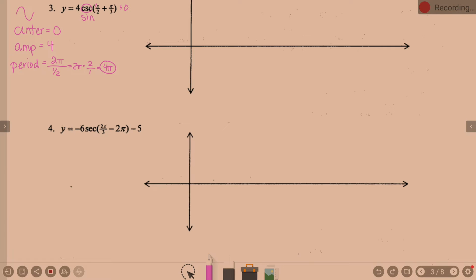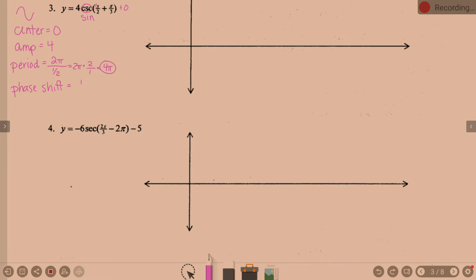And then to add all the fun to this problem, we need to talk about the phase shift. What's my phase shift? So if we're going C over B, realize, what is that C value?